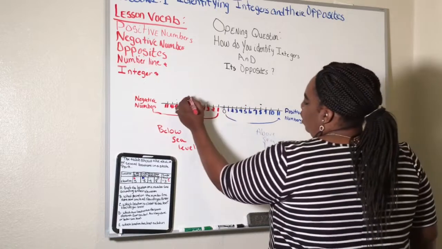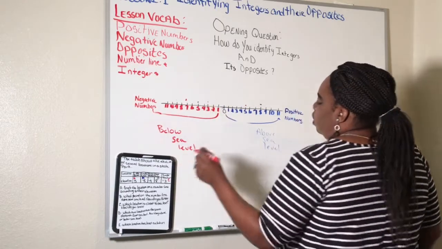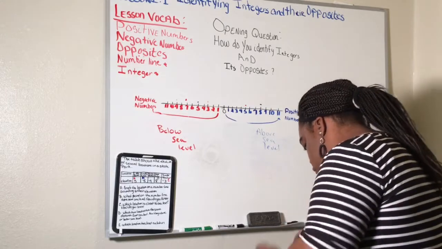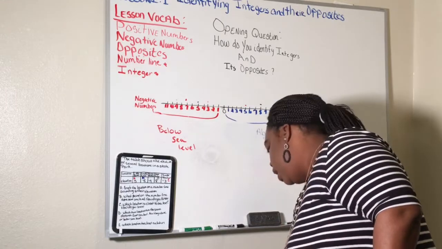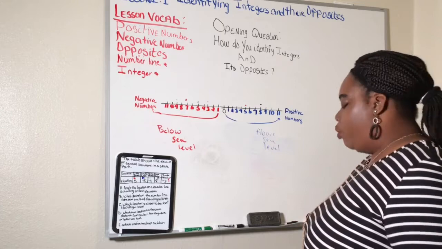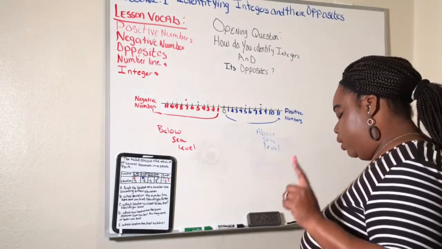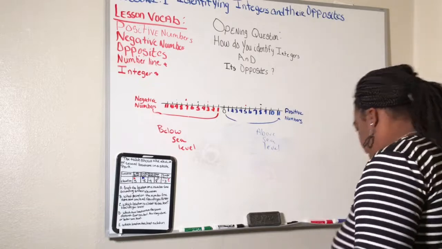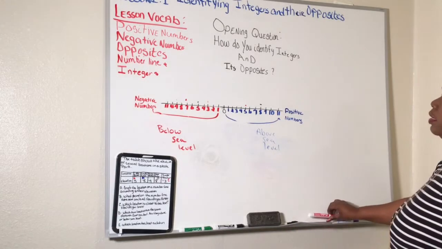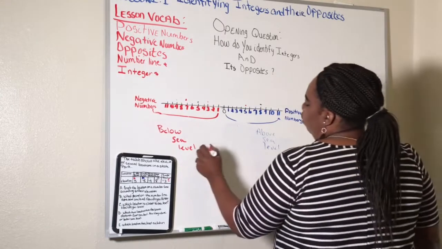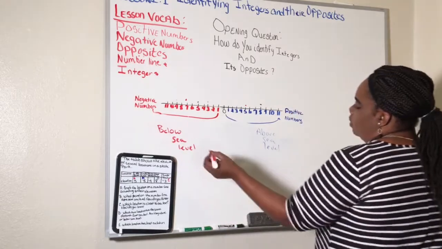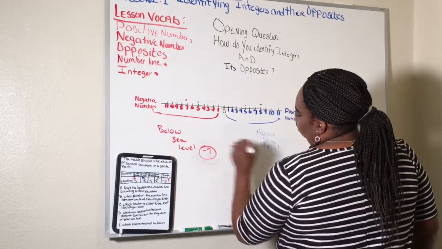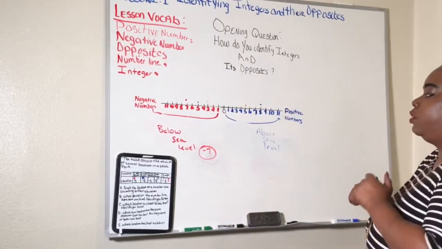So we'll go to our 7 here and we apply it on our chart. And it's asking what number will represent 7 feet below 0. We know that below sea level is on the left side, so that means it's a negative. So -7 will be our answer for our reflection question.